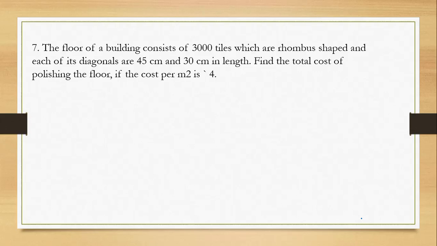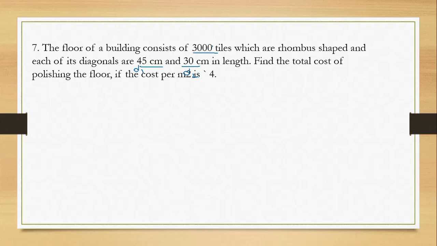Next we move on to the next question, and this question is also based on the rhombus, and in this they have given the two diagonals, that is d1 and d2. The values of those diagonals, that is d1 is 45, and this is d2, and they given the area of the floor, and they given the number of tiles, that is 3000 tiles.